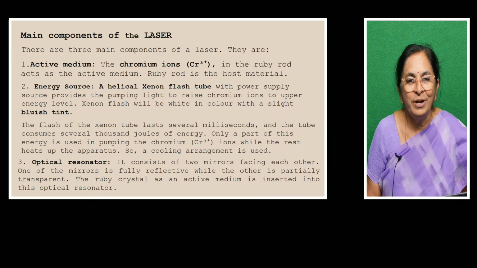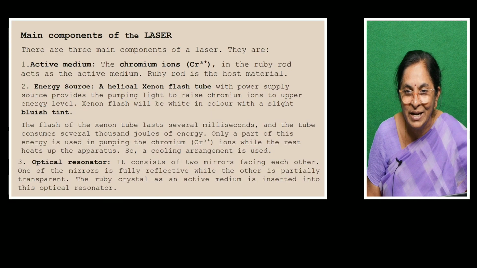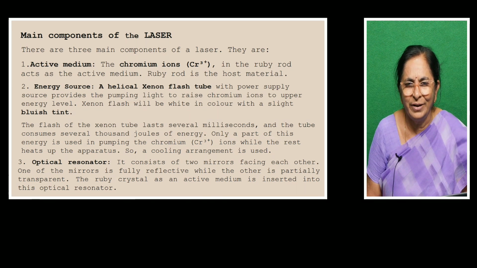When we put it on, it provides a pumping light which raises the chromium ions from the ground state to the excited state. Xenon flash will appear like a white flash with a slight bluish tint. The flash of the xenon tube lasts several milliseconds only, just a very fraction of a second, and the tube consumes several thousands of joules of energy.